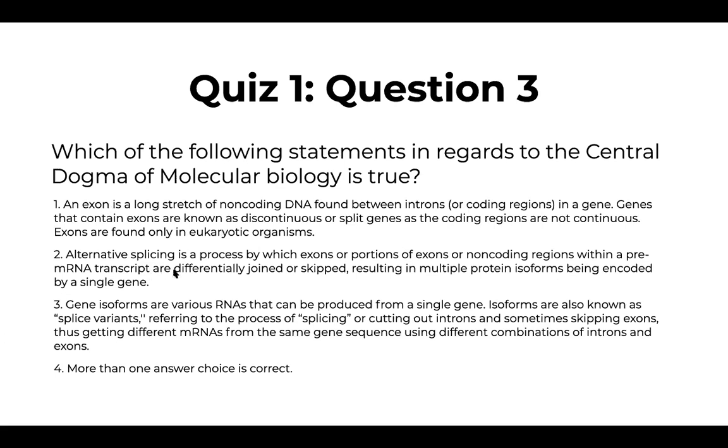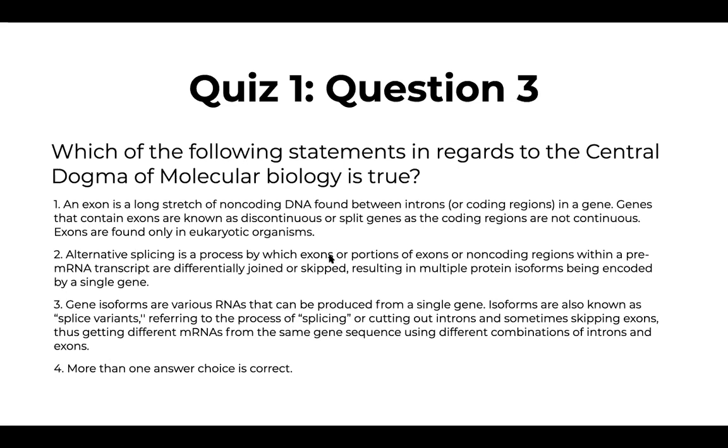Number two, alternative splicing is a process by which exons or portions of exons or non-coding regions within a pre-mRNA transcript are differentially joined or skipped, resulting in multiple protein isoforms being encoded by a single gene. And number three is gene isoforms are various RNAs that can be produced from a single gene. Isoforms are also known as splice variants, referring to... okay, so both number two and number three are correct. So number four is the right answer.